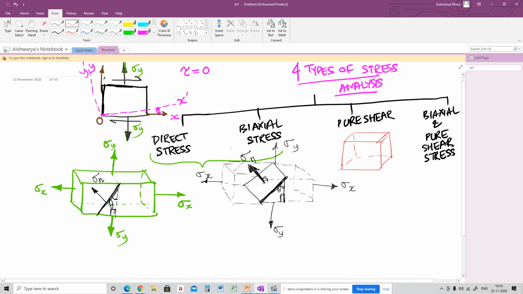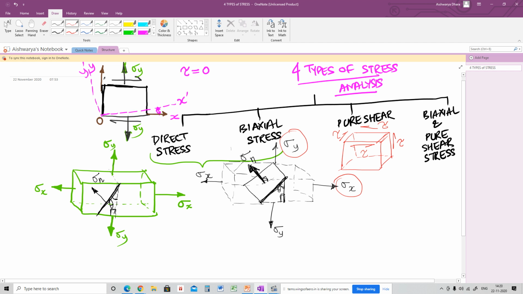If this is the block, there will be only shearing occurring across the body. There won't be any sigma x or sigma y. Only the shear stress will occur. Only shearing will occur. That is called pure shear, or the pure shear stress condition. Okay, these are the conditions you just need to remember.